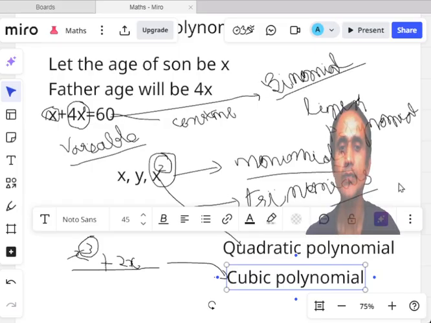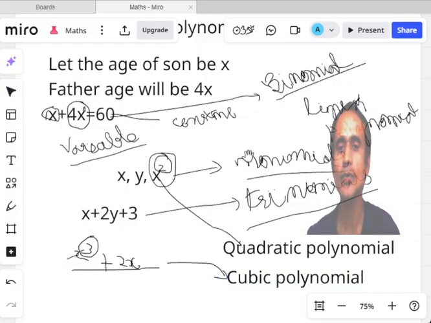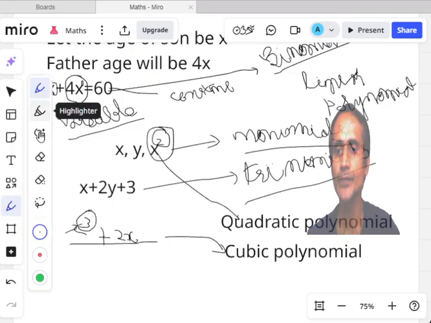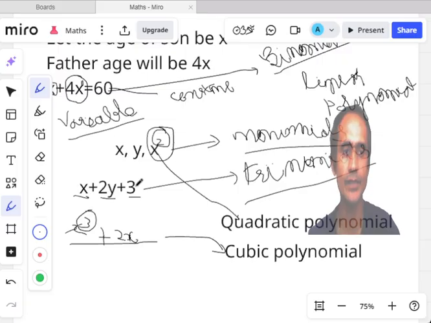And if it has more than two terms, this is the first term, this is the second term, this is the third term. So it has three terms, so it will be known as trinomial.